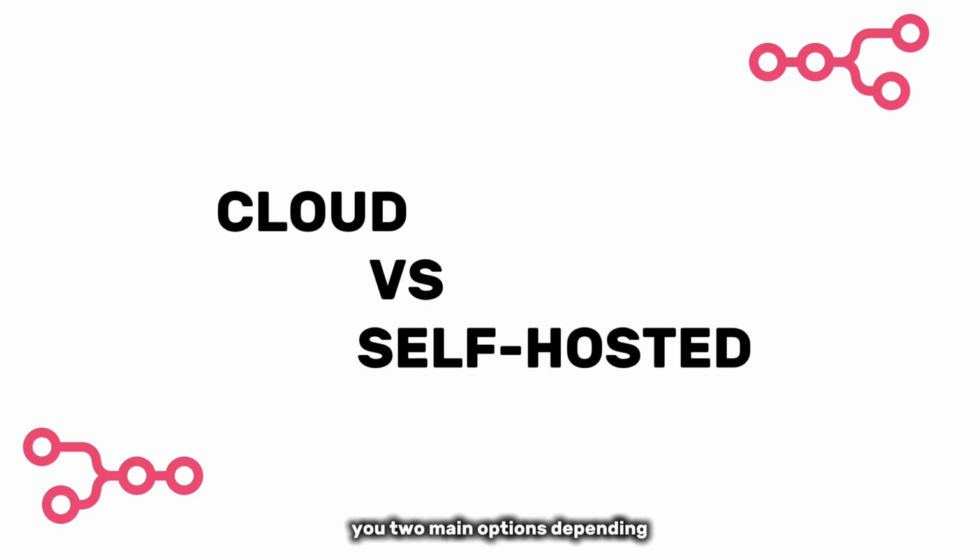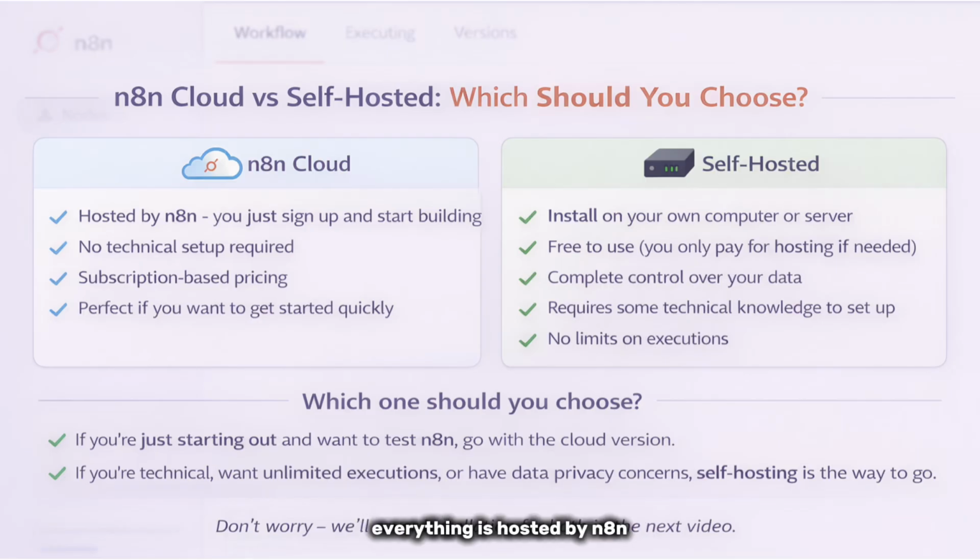n8n gives you two main options depending on how hands-on you want to be. With n8n Cloud, everything is hosted by n8n, so you simply sign up and start building workflows without worrying about technical setup. It runs on a subscription model and is ideal if you want to move fast and test ideas with minimal friction. The self-hosted option, on the other hand, lets you install n8n on your own computer or server.